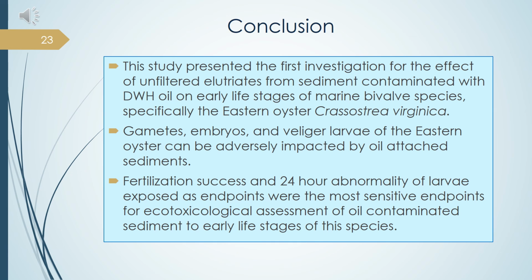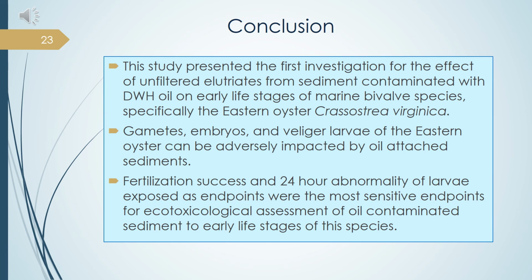So in conclusion, this study presented the first investigation of the effect of unfiltered elutriates from sediment contaminated with Deepwater Horizon oil on the early life stages of a marine bivalve species, specifically the eastern oyster, Crassostrea virginica.